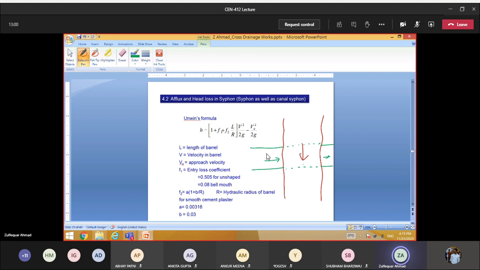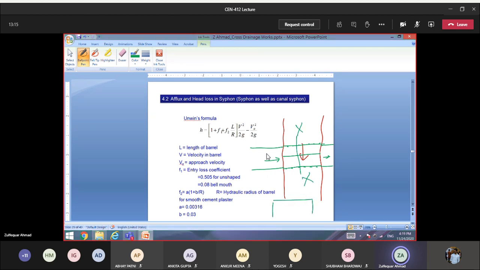So the canal is below this. Here what is being done is the barrels are being provided. Maybe in this you are providing 2 barrels like this. If you cut this one section, you have here the 2 barrels that are being provided, 1 and 2.